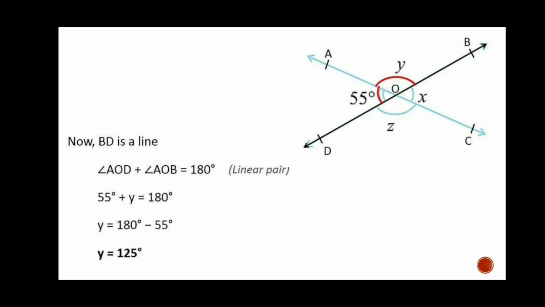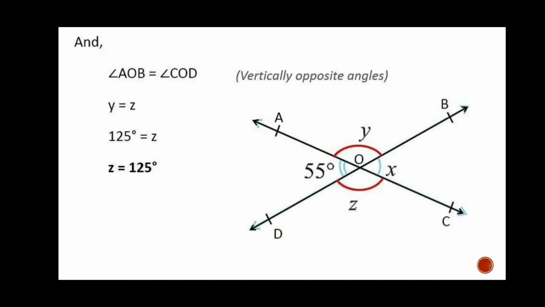So now we have found x as 55 degrees and y as 125 degrees. Now you might have understood what the value of z will be. Yes, z will also be 125 degrees, because angle y and z are vertically opposite angles.